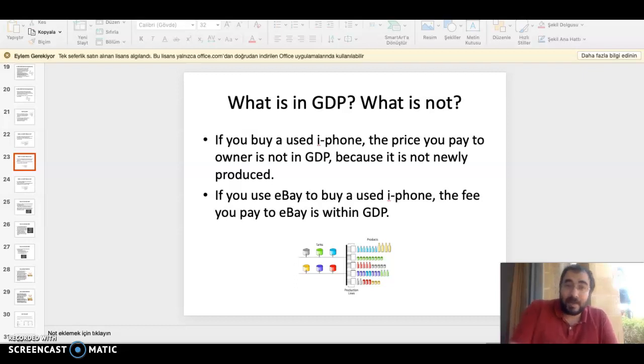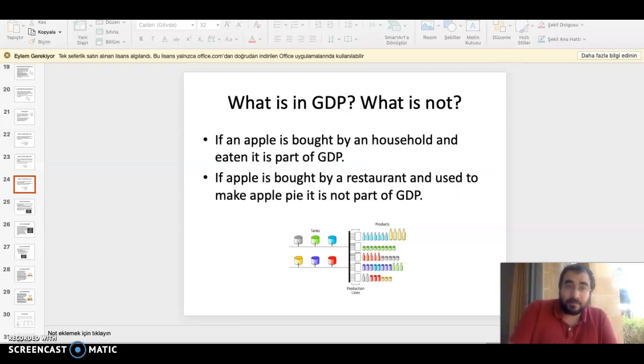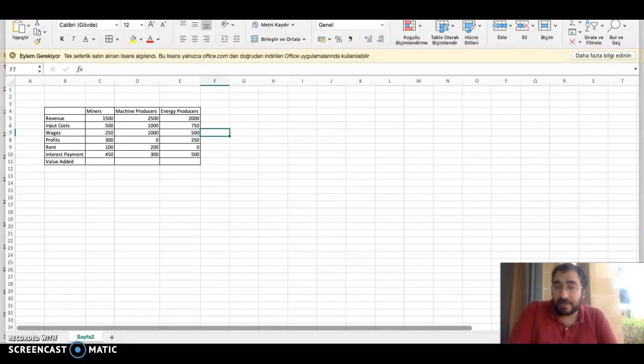And the other thing is that inputs are basically not part of GDP. Since we are counting the final goods, when we are adding the values of the products, we need to take the final goods, not the intermediate goods.